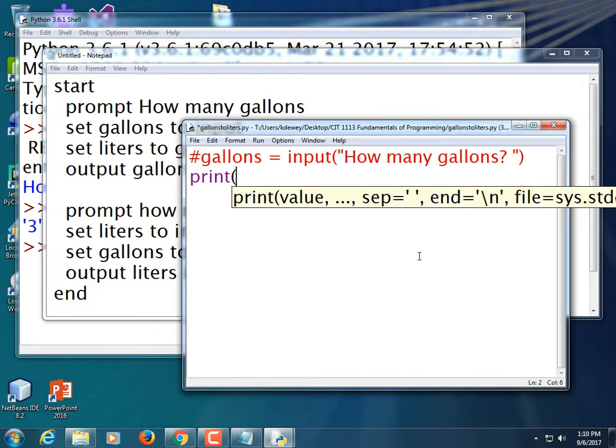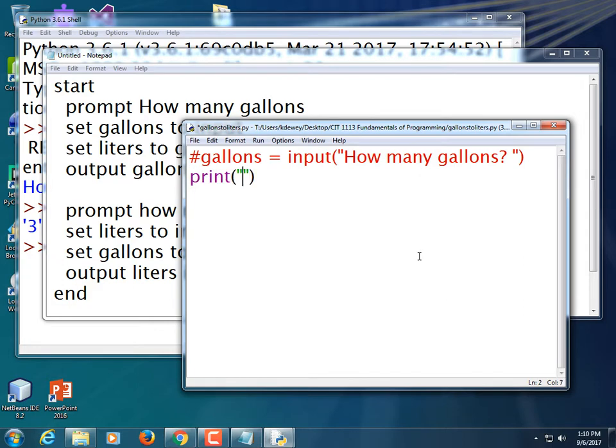I could have written print how many gallons? Then I could have said gallons equals input. Now let's try this one.